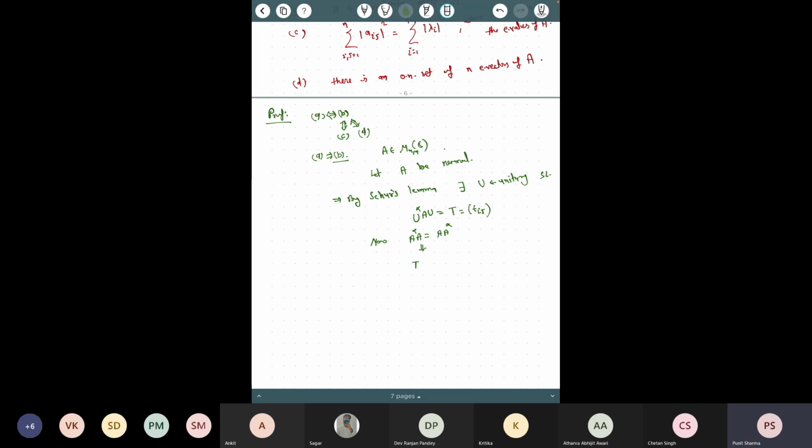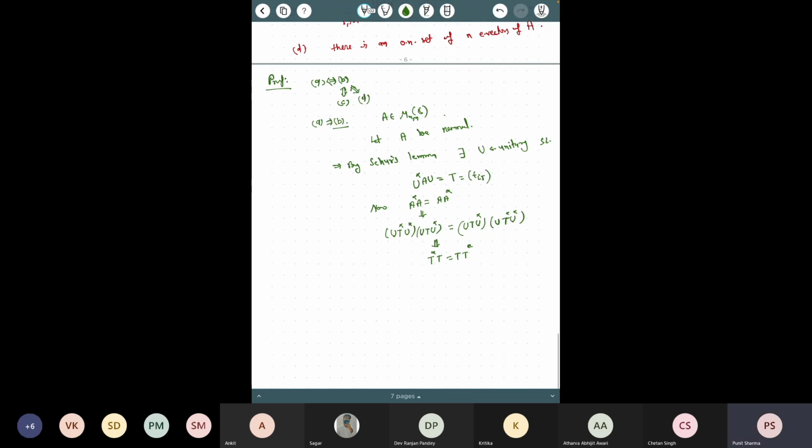Because you can write A as U T U star, so A star would be U T star U star. Similarly, you can write it on the other side. Then using the property of the unitary matrix U, you can say that T star T is equal to T T star. So A is normal implies T is normal.